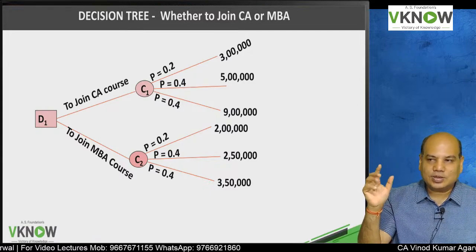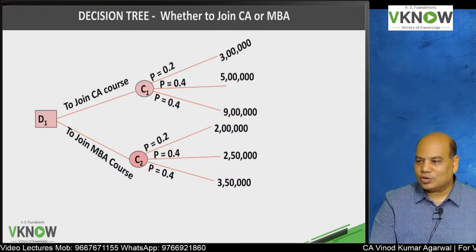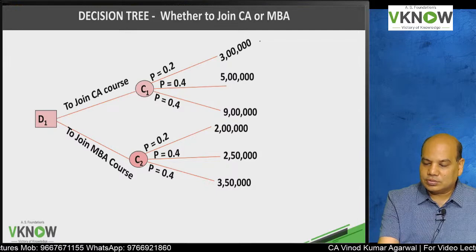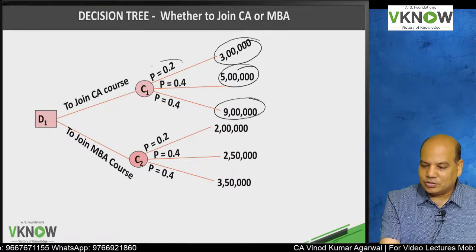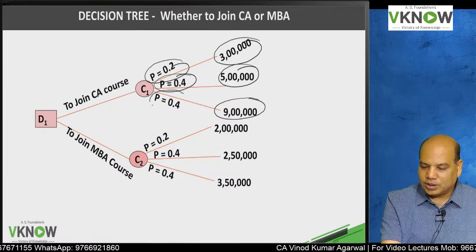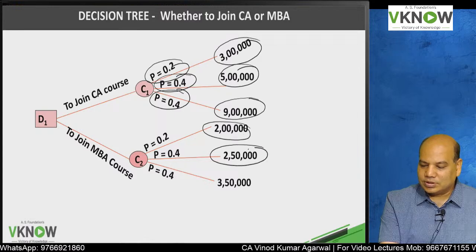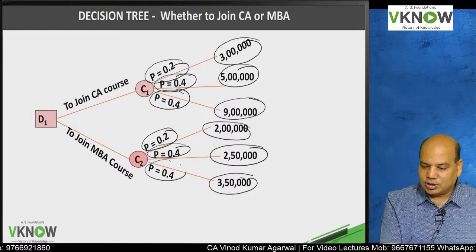The basis of decision is salary maximization. So if I do the CA course, these are my 3 possible salary packages with these probabilities. If I do the MBA course, these are my 3 possible salary packages with these 3 probabilities.